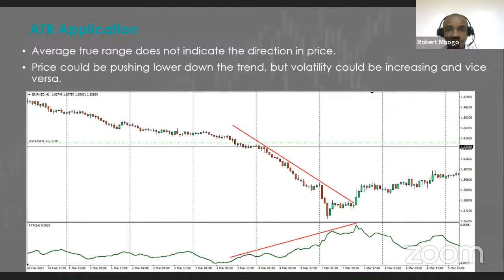Yes, Edwin, maybe you can add on to that. Yeah, if you look at this period where we have very short candlesticks, that means the market was more or less in consolidation, or price was not moving as much in terms of range per candle. That's why we have the ATR almost flat within that period.